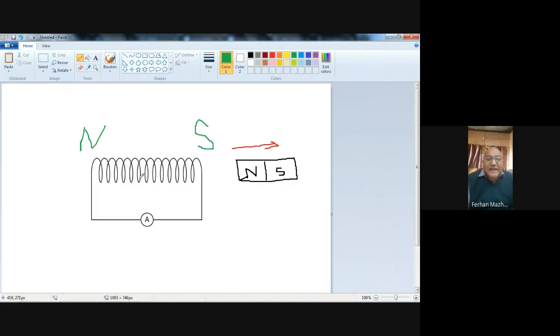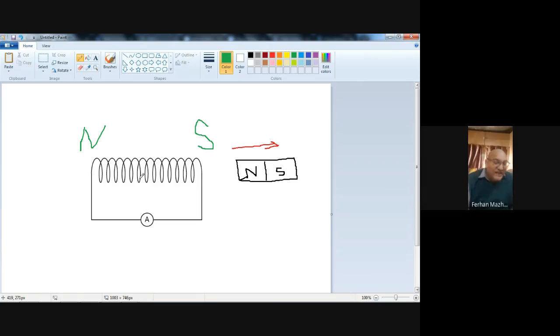But this time, the current will be in the opposite direction to the direction it had in the first part, when the north pole was approaching the right side of the solenoid. So the galvanometer will show deflection but in the opposite direction.